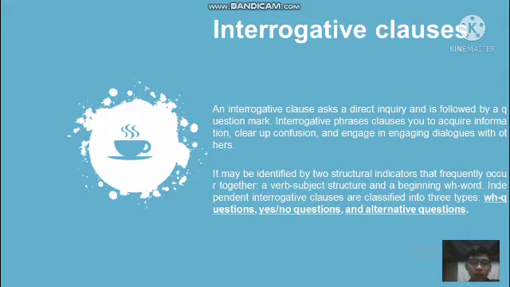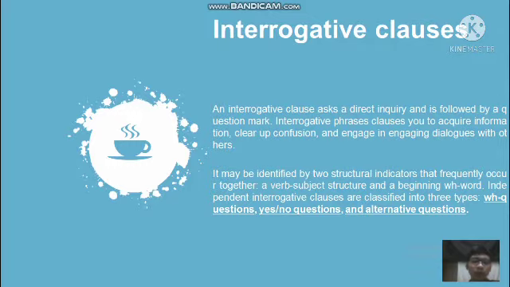So the difference is that an interrogative clause is asked in order to obtain information, while a declarative question is asked in order to clarify information. Remember that.